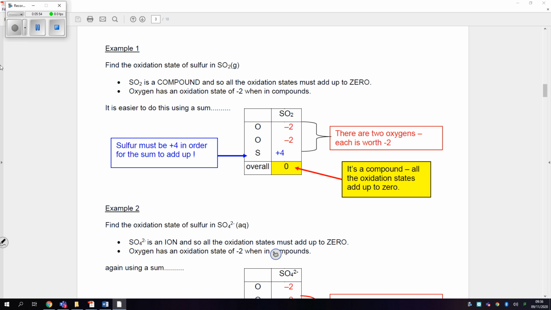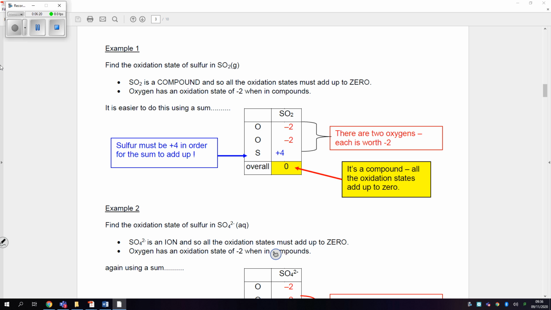We must have positive and negative oxidation numbers in order for it to total 0. Each oxygen, by a rule, always has an oxidation number of -2. As there are 2 of them, that would add up to -4. So that means the sulfur must have a +4 oxidation number.